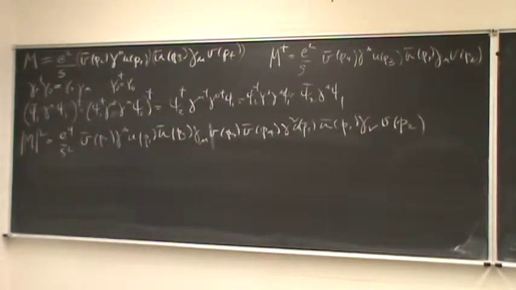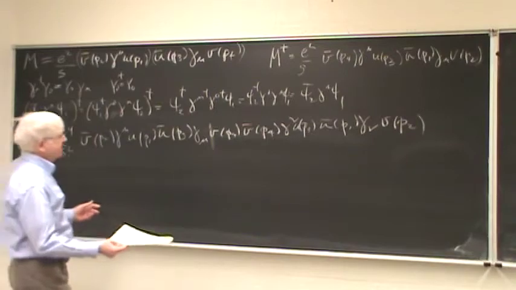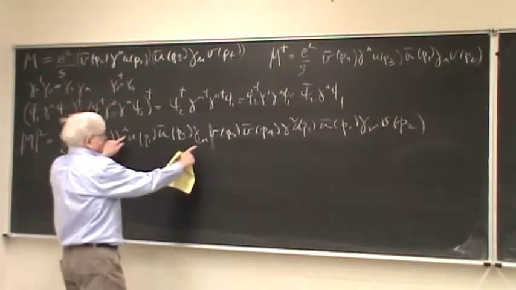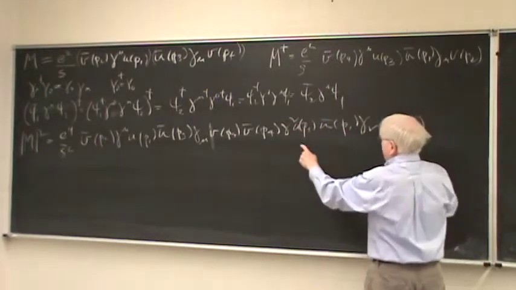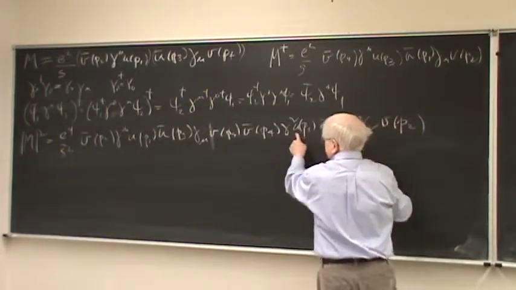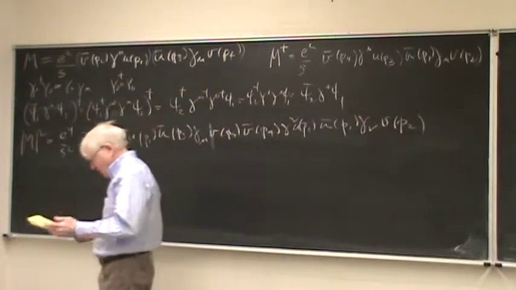Notice we switched from mu to nu in the second term because we're summing over mu here, and so just not to get them confused, we call one of them nu.